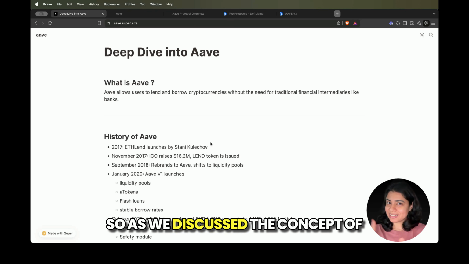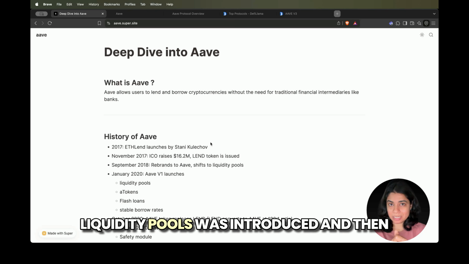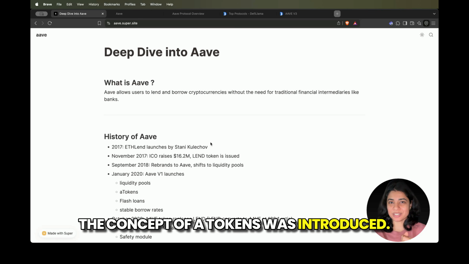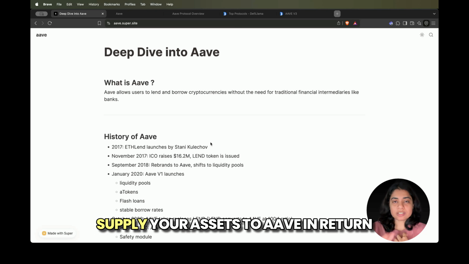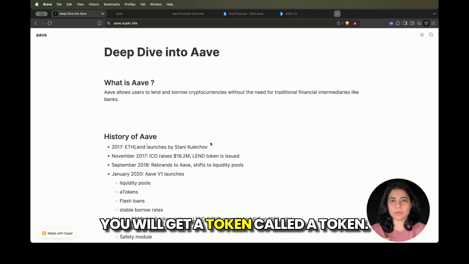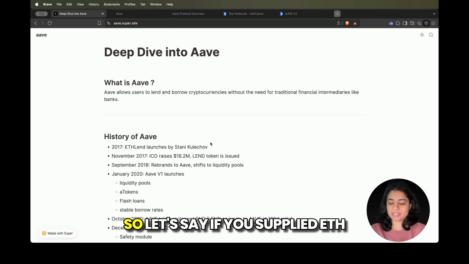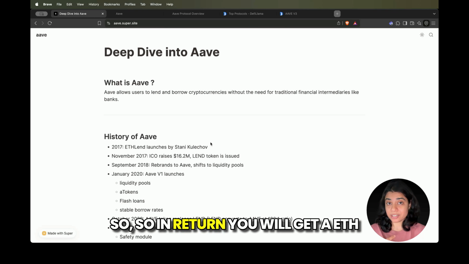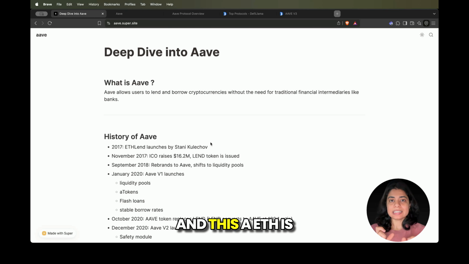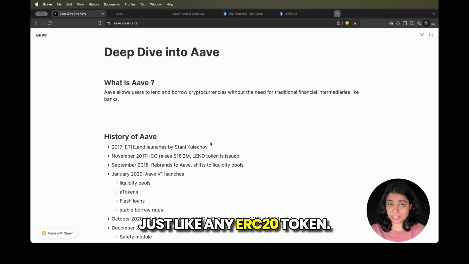As we discussed, the concept of liquidity pools was introduced, and then the concept of aTokens. If, as a user, you supply your assets to Aave, in return you get a token called an aToken. Let's say you supplied ETH to the Aave protocol; in return you get aETH, and this aETH is just like any ERC20 token.